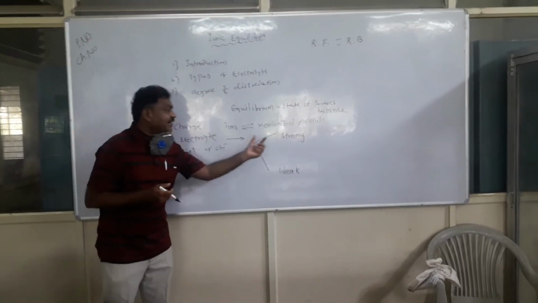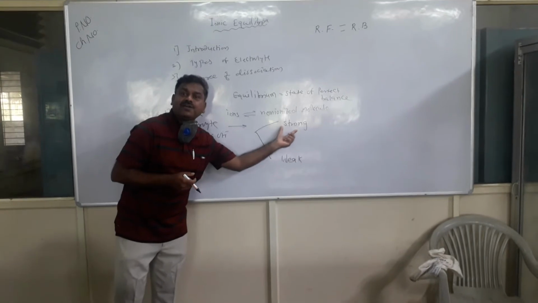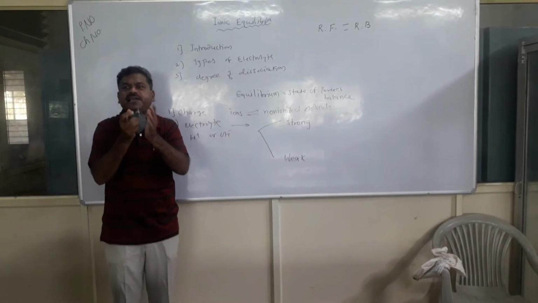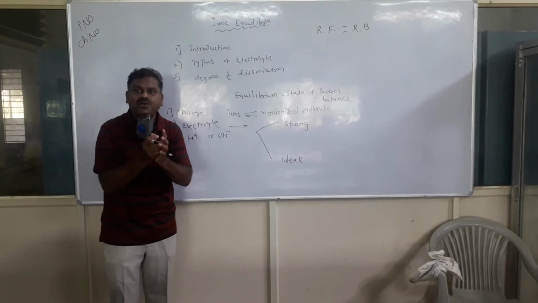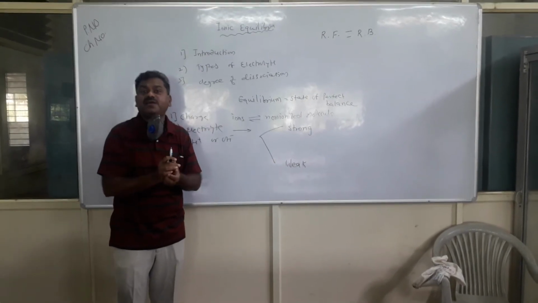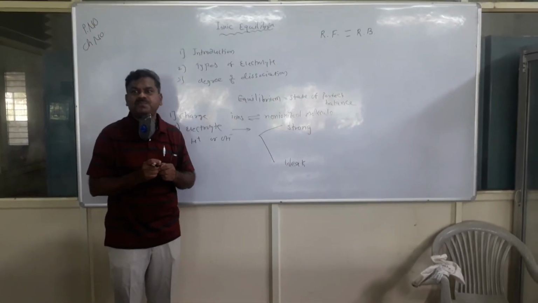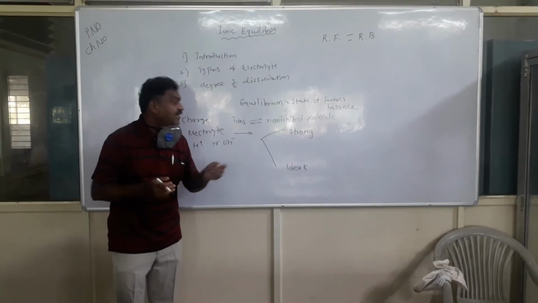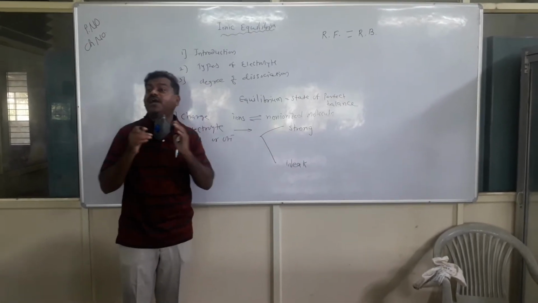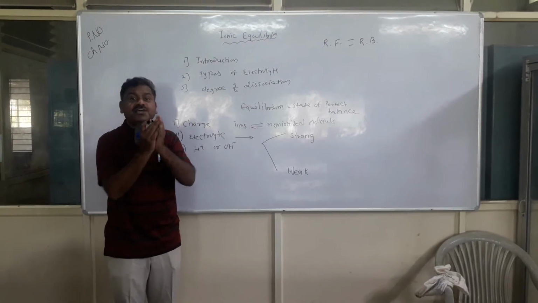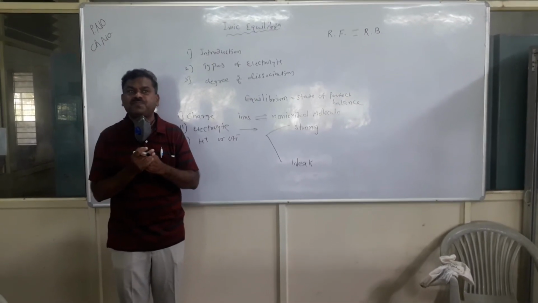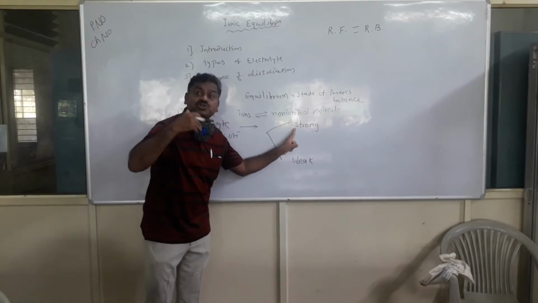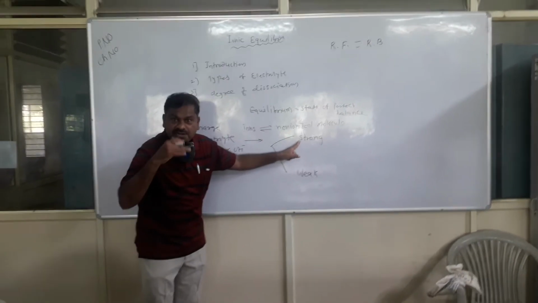And strong electrolyte means what? A strong electrolyte is a substance which dissolves in water and produces a large number of ions, the H plus and OH minus ions, completely dissociated, completely ionized.